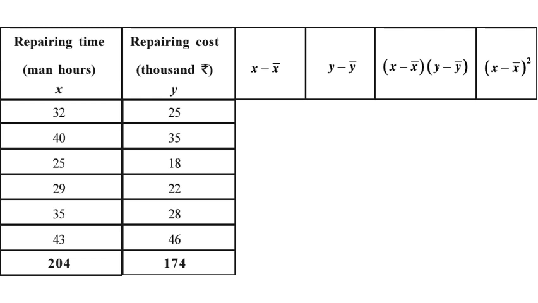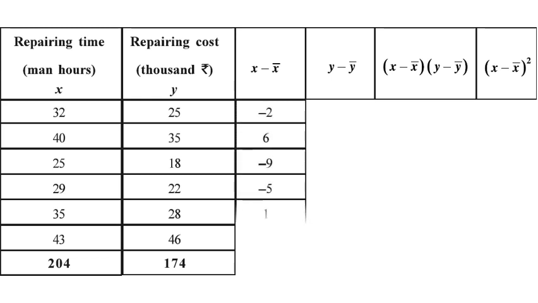As I have told you previously, we are not going to use the y variable here in the division, so we will not need the y minus y bar square column. In case you are confused, please revert back to the list of formulas which I have mentioned. We will start with the x minus x bar column.